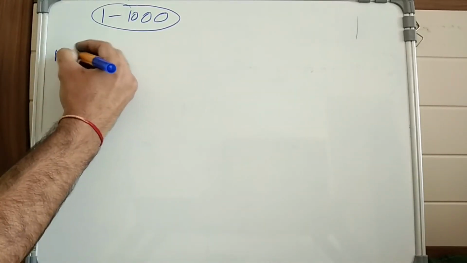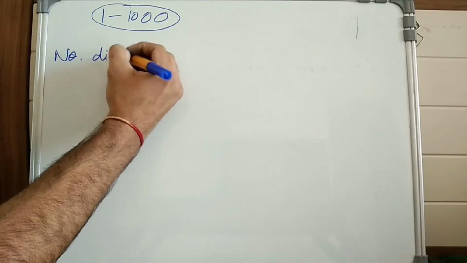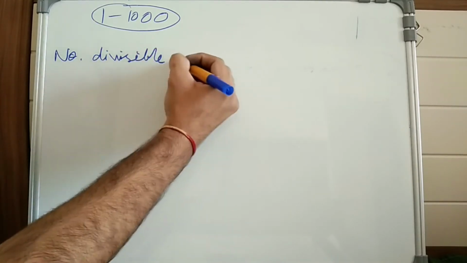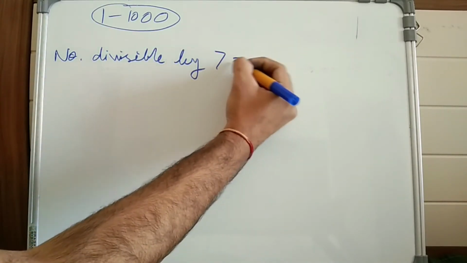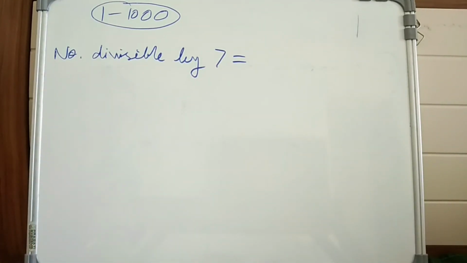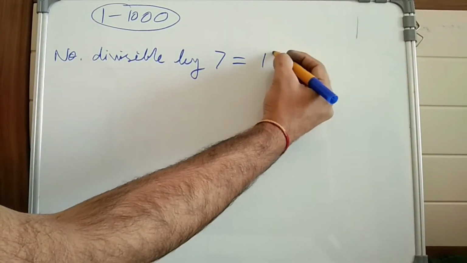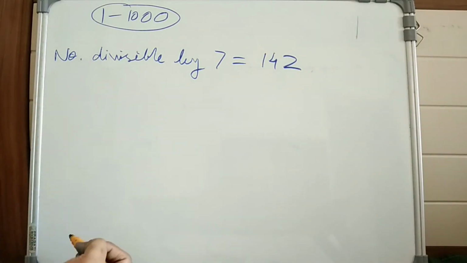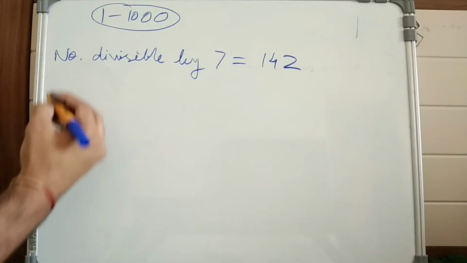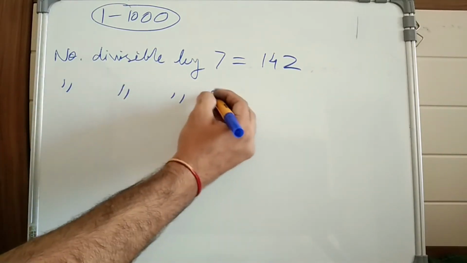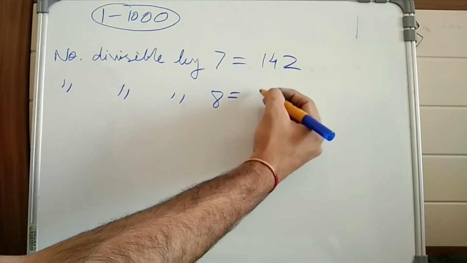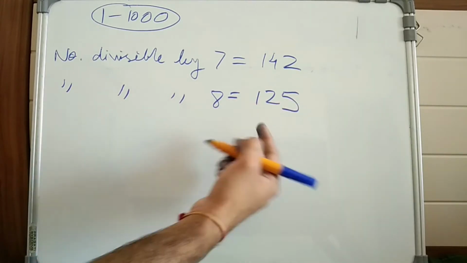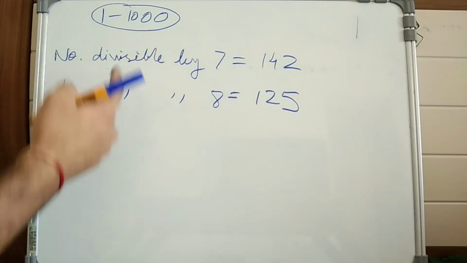So how many numbers are there which are divisible by 7? Out of 1000, there are 142 numbers. And how many numbers are divisible by 8? That will be 125 numbers. 125 into 8 is 1000, right?